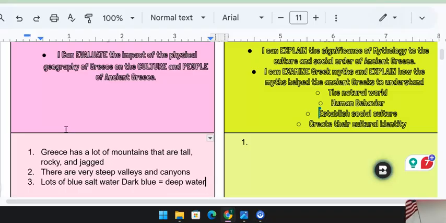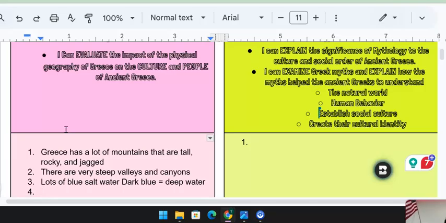Okay, so let's maybe do one more as a class. Then what's going to happen is in your table groups, you are going to come up with 3 additional facts. So what's one more fact about the physical geography of Greece that might help us?